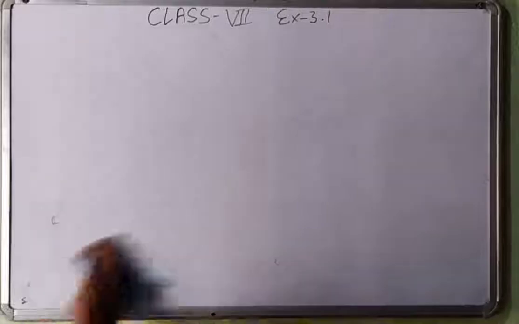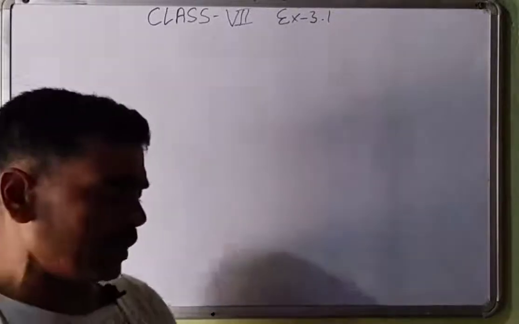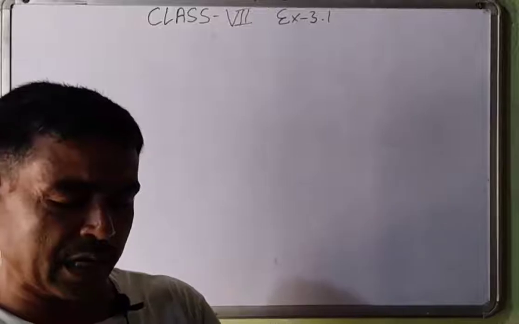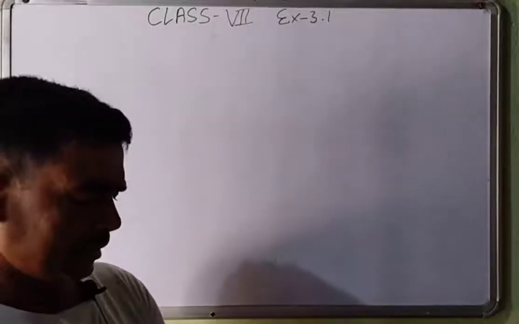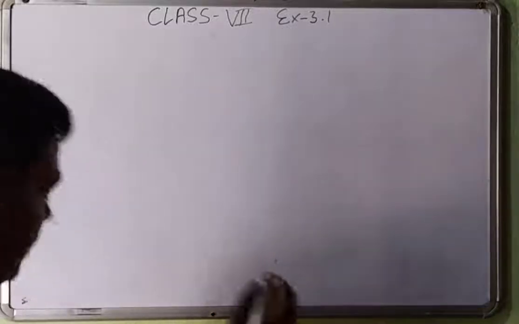Question 6: the marks out of 100 obtained by a group of students in a science test are given. These are marks. Find the highest and lowest marks.